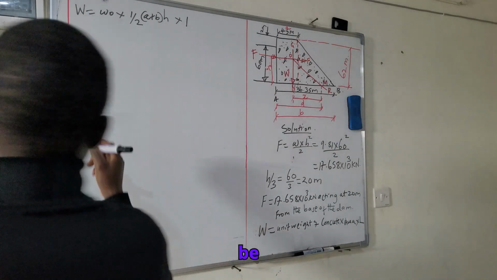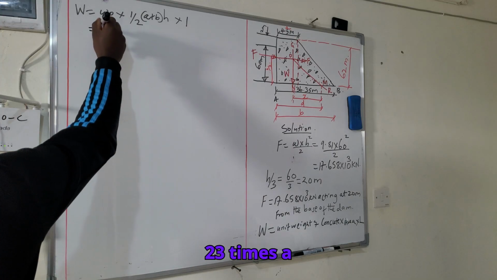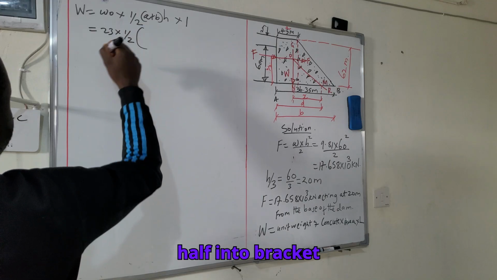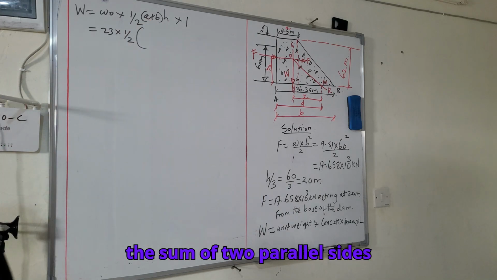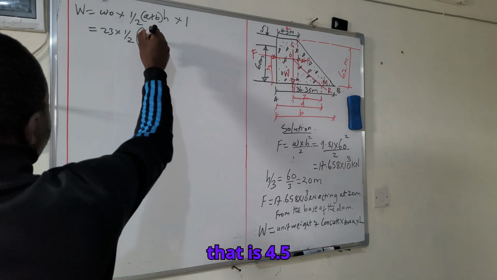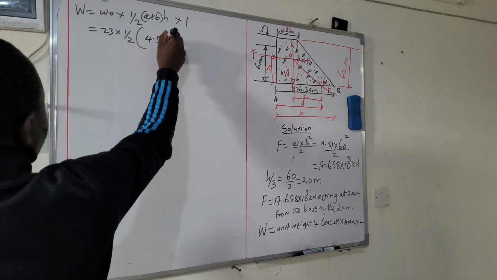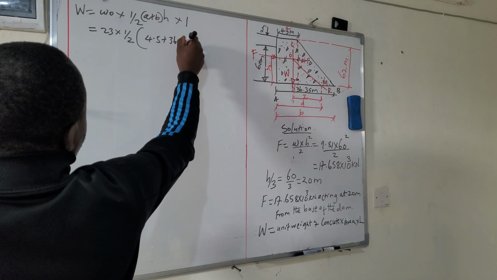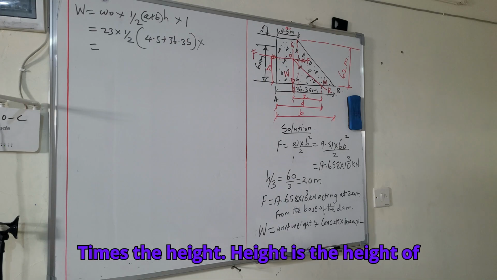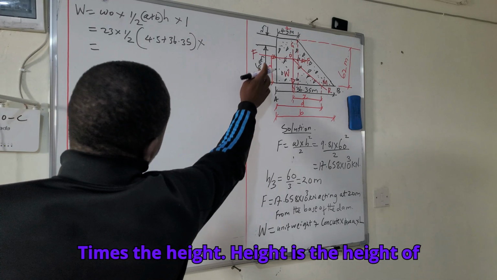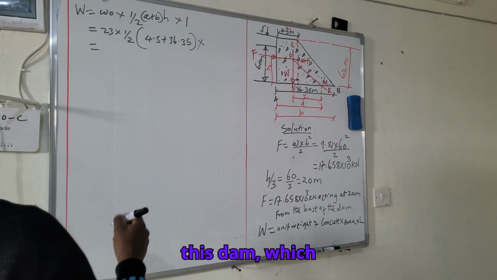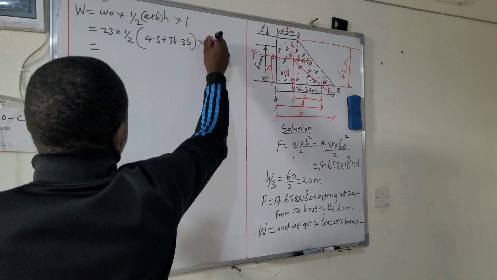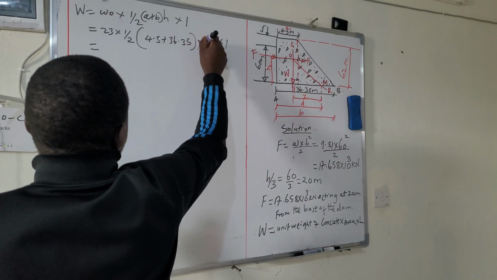So this will be 23 times a half into bracket the sum of the two parallel sides, that is 4.5 plus 36.35, times the height of this dam, which is 62, then times 1.